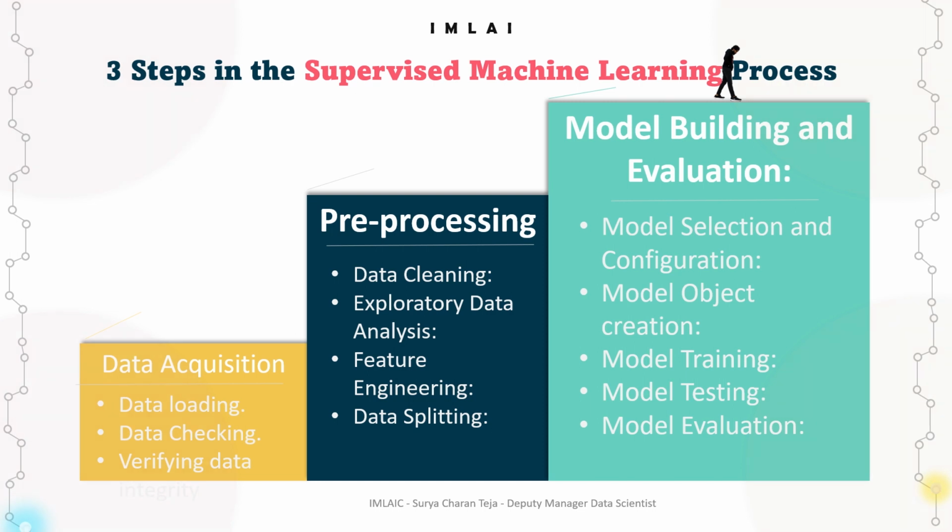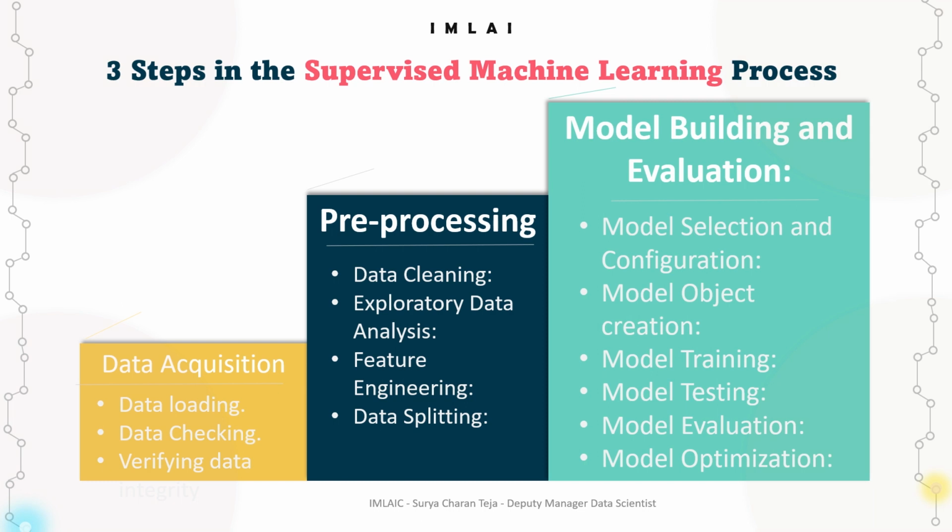Once the model evaluation is done, the final step is model optimization. Depending upon the algorithm, we do fine tuning to that model, or use other techniques like bagging to improve the model's performance.